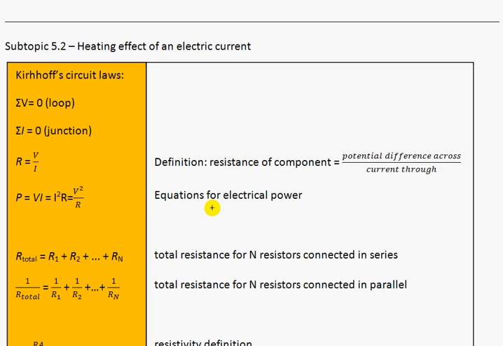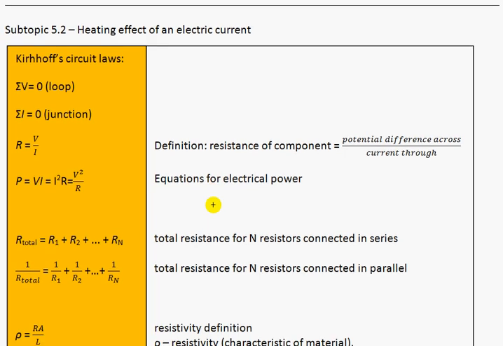Subtopic 5.2 Heating effect of an electric current. Kirchhoff's circuit laws. Sum of potential differences and EMFs equals 0 around any loop.